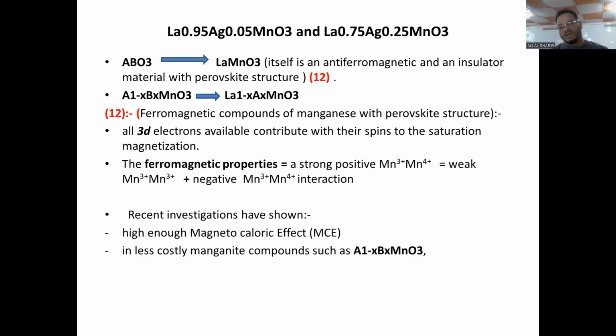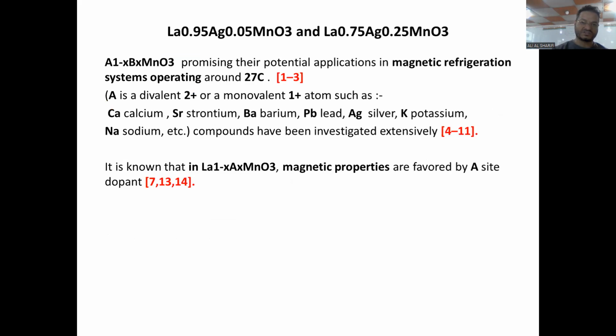All of this is the result of the interaction between manganese 3+ and manganese 4+. And from this article about the effect of sintering temperature on the structure and magnetic properties, recent investigations have shown a high enough magnetic effect in these manganite compounds, such as this doped perovskite oxide compound.